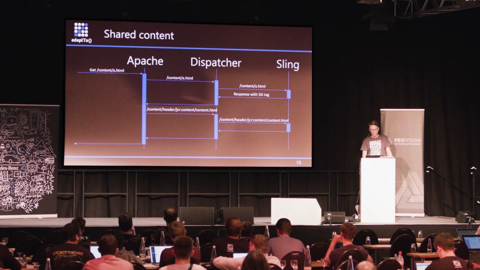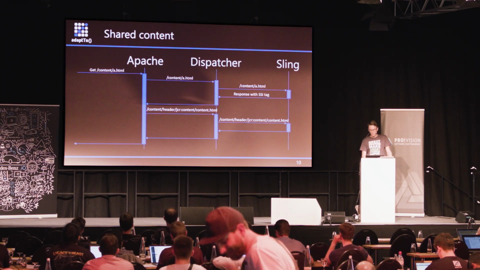So how can we use Sling Dynamic Include in this case? We could say that we will request header and footer separately. When we are requesting page A, everything looks exactly the same.